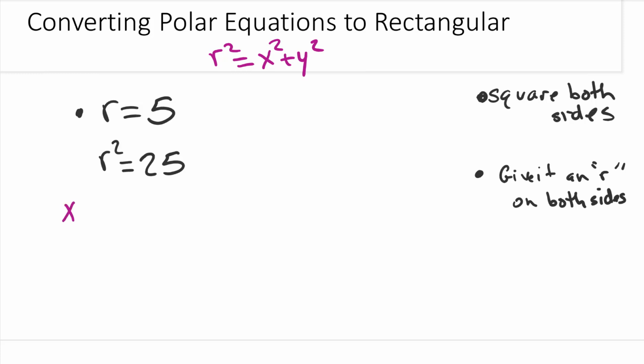Now we can sub in, and x squared plus y squared is equal to 25. And there's our solution. The radius is 5, and we don't care about the angle. It can be all the angles. That's called a circle. So when it says r is equal to a number, you're describing a circle coming out of the origin. Cool.